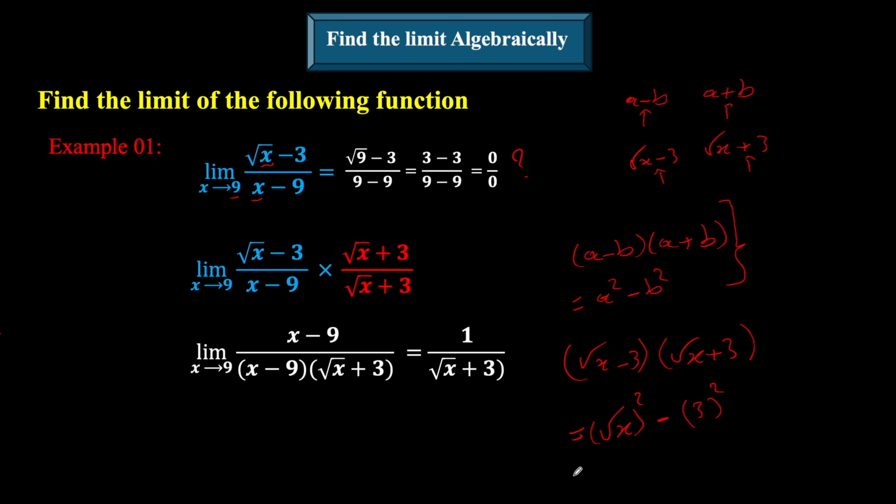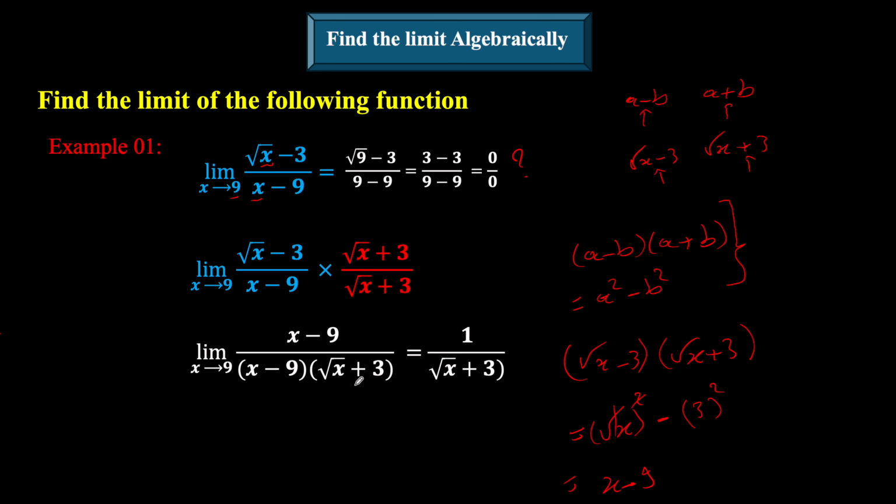This square will disappear with the square root of x, so x, that's why we have x here, minus 3 squared is equal to 9, that's why we have 9 here. Then x minus 9, we didn't touch it, and the square root of x plus 3, we didn't touch it, it will remain.